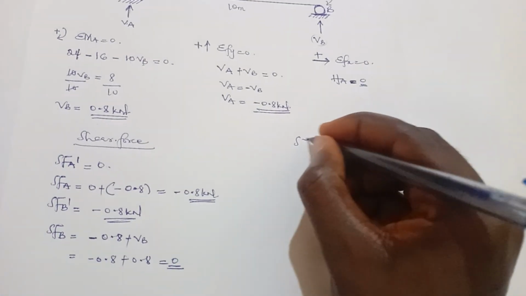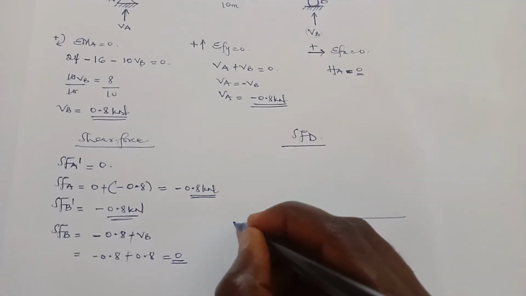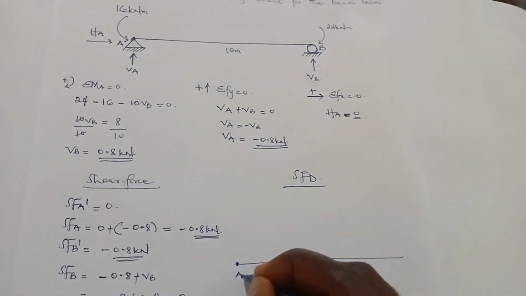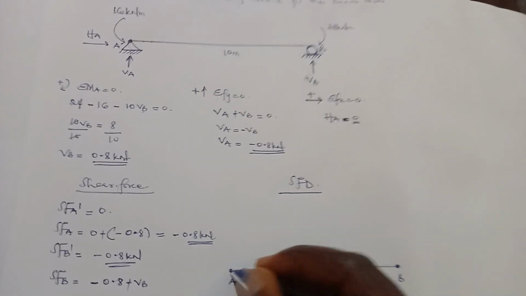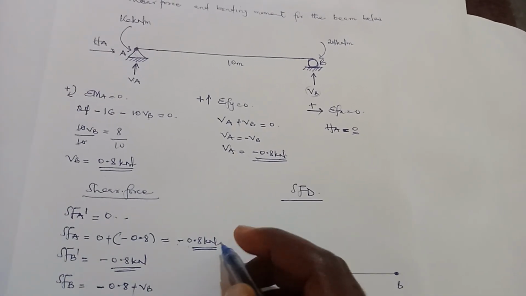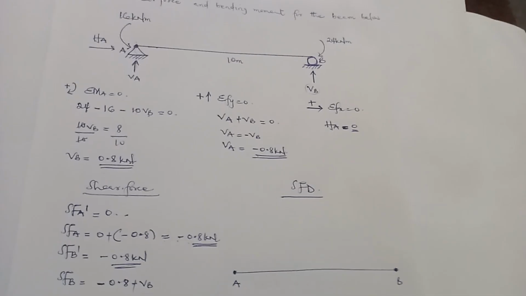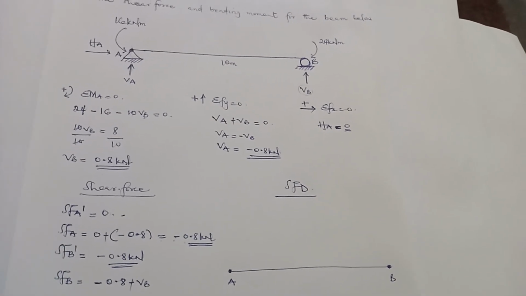So we can now draw our shear force diagram. This side is A and this side is B. The shear force at A is 0, so 0 here, and negative 0.8 can be somewhere here, kilonewton.